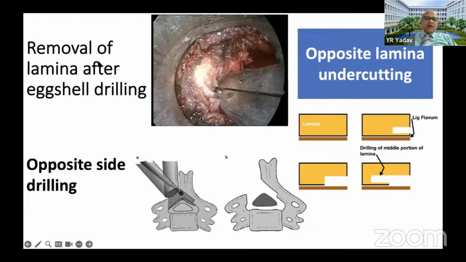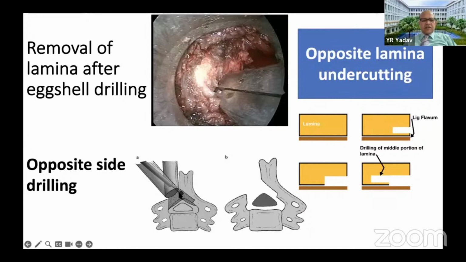Regarding removal of the other side of the lamina, this is the example: remove the ipsilateral lamina, part of the facet joint, and then you angulate your tubular retractor to the opposite side. Drill the base of the spinous process here, and then you undercut the inner side of the opposite lamina.